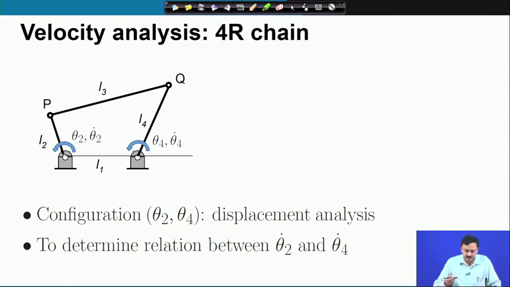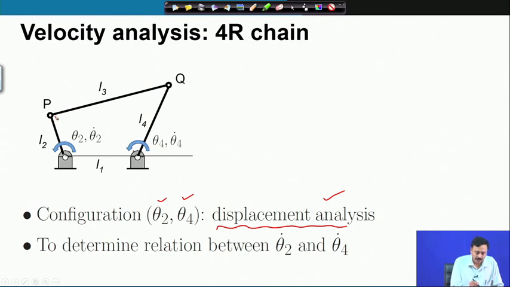As I have mentioned, the displacement analysis is completed, which means I know theta 2, I know theta 4 and I also know theta 3. This is displacement analysis, finding out all these angles given one of them.